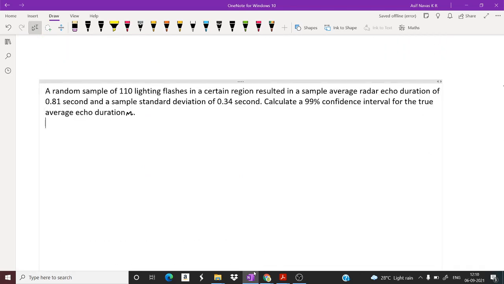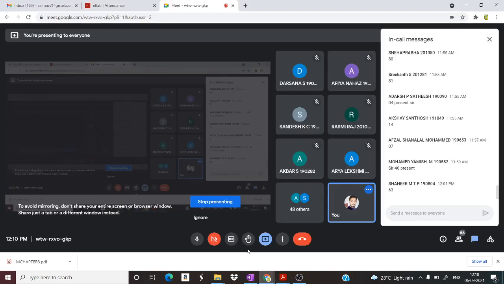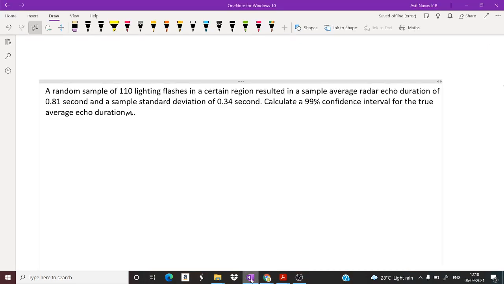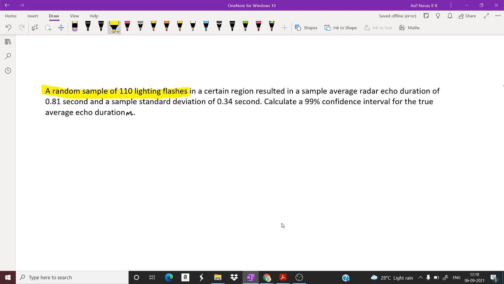A random sample of 110 lightning flashes in a certain region resulted in a sample average radar echo duration of 0.81 seconds and a sample standard deviation of 0.34 seconds.